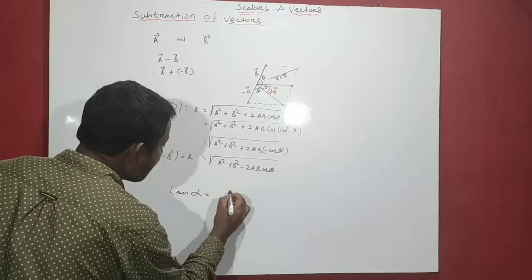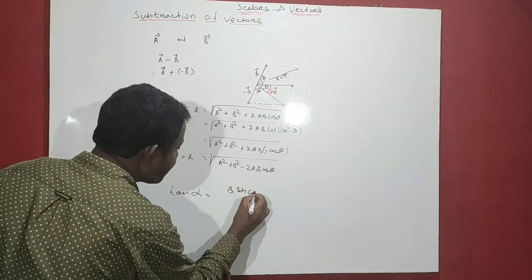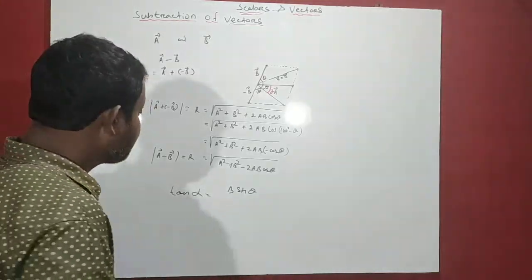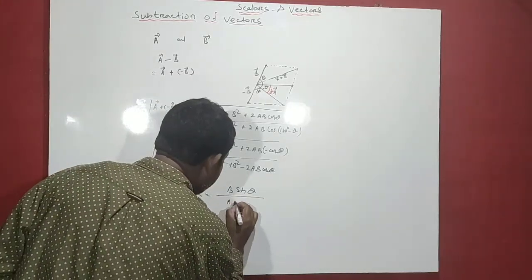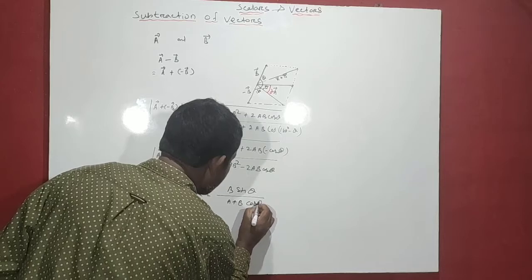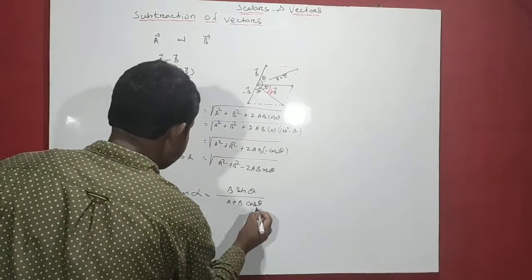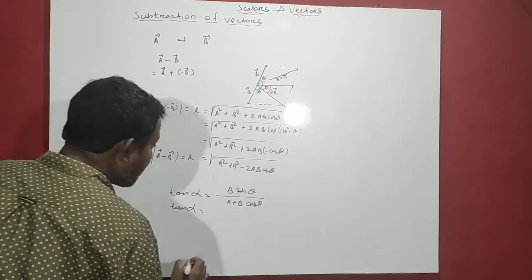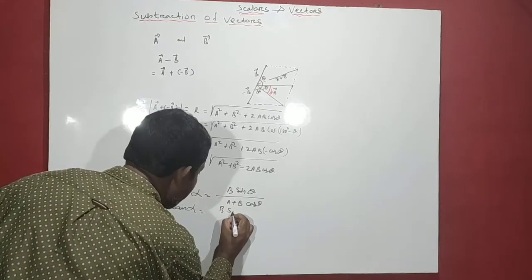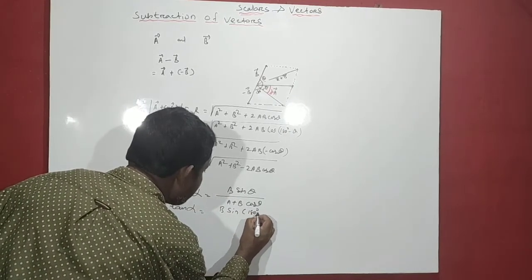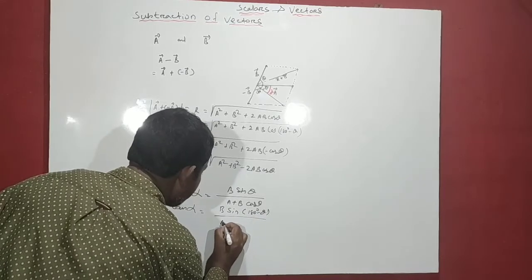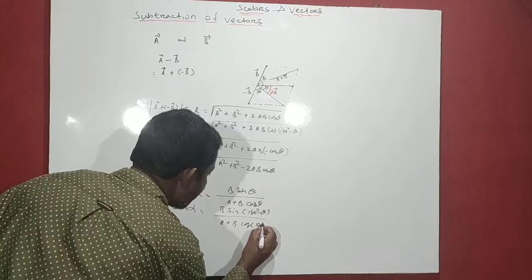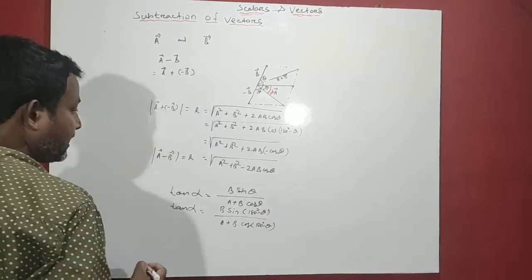Tan alpha is equal to B sin theta by A plus B cos theta, according to the vector laws of addition. But here the angle is 180 degrees minus theta.